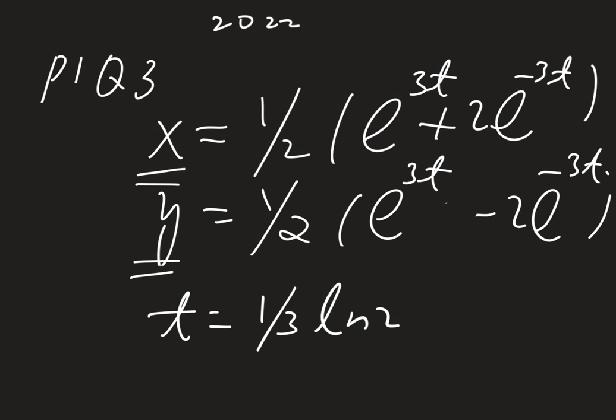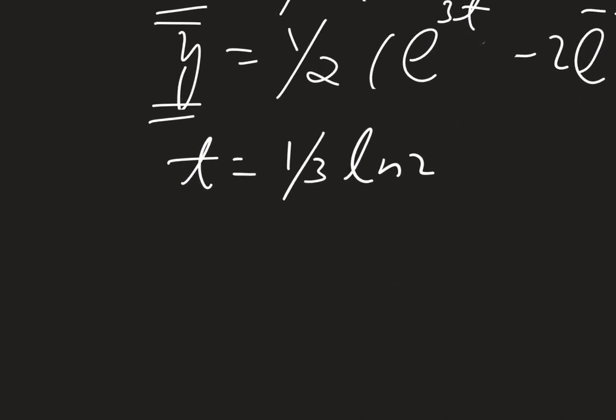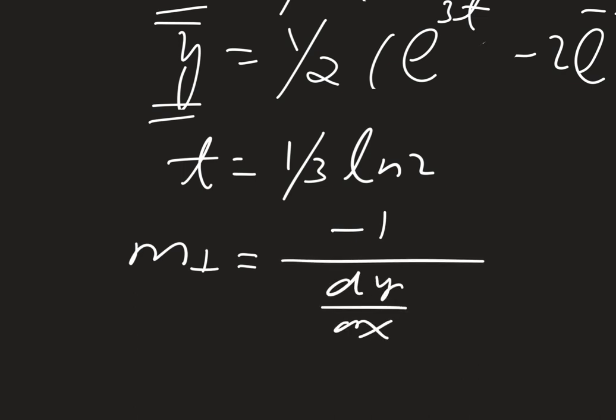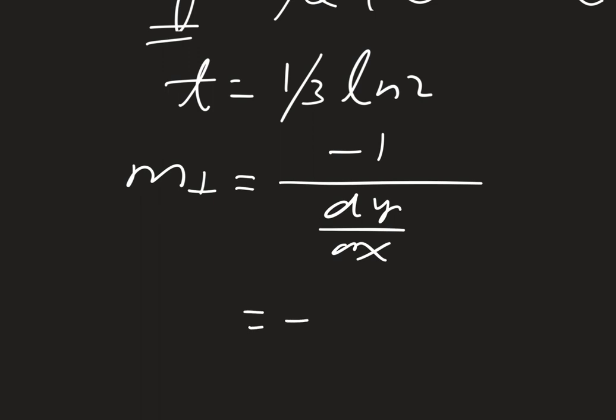So how do we do that? The normal to the curve is equal to what? It is equal to minus 1 divided by dy/dx, which is also equal to minus dx/dy.